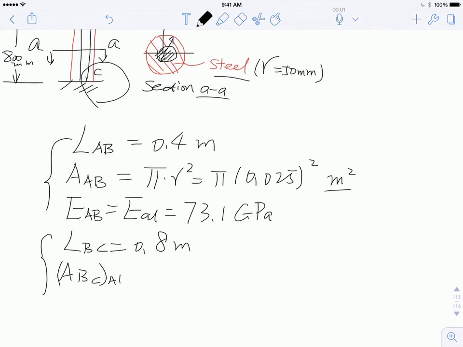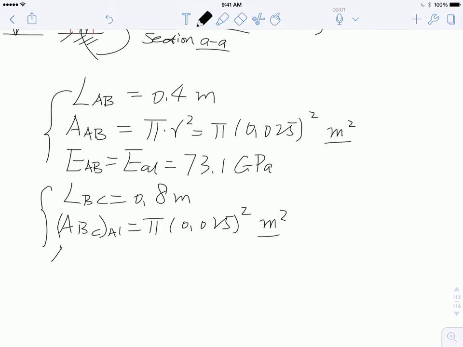Remember, there's aluminum in the middle, then you have steel as a shell. So that is pi times 0.025 squared, which we can transfer to meters, just be careful. And then A_BC for the stainless steel part is pi times 0.05 squared minus 0.025 squared. Basically, outside minus inside is whatever is left for the shell. So also in meters squared.